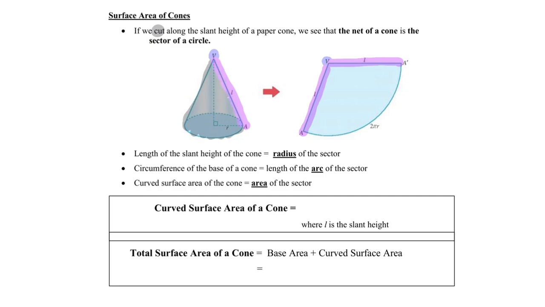After I use scissors to cut and put it out flat, this is what we see. So how then can we find this particular curved surface area?